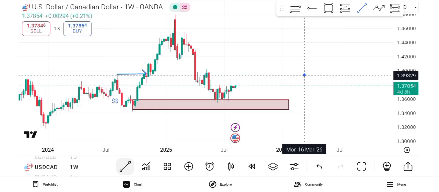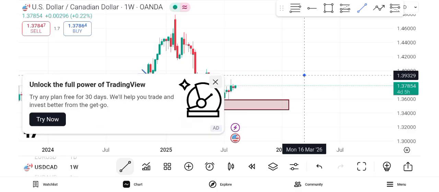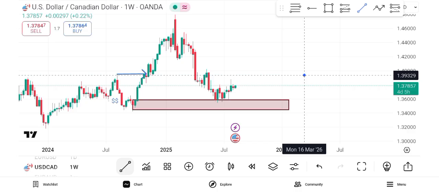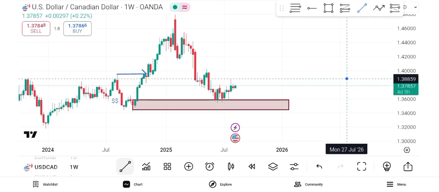We will talk about structural liquidity as we move on. Since we know our premium and discount zone, the market is in the discount zone right now, which means you can buy. So all we have to do is buy. We are buying. Just take note of that.